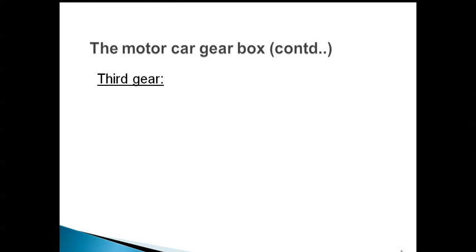Now the third gear: we can see the third gear is engaged by sliding gear C to the right side so that it meshes with gear D. We already discussed that E and G are the sliding gears.